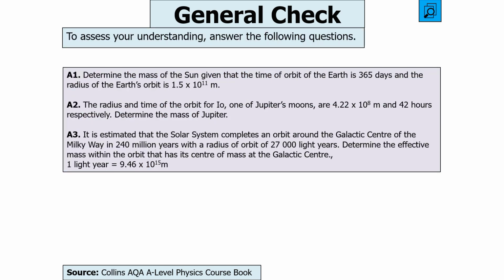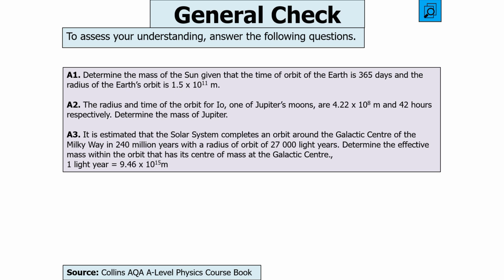The next question says, determine the mass of the Sun given that the time of orbit of the Earth is 365 days and the radius of the Earth's orbit is 1.5 times 10 to the 11 meters. The radius and time of the orbit of Io, one of Jupiter's moons, are 4.22 times 10 to the 8 meters and 42 hours respectively. So determine the mass of Jupiter.